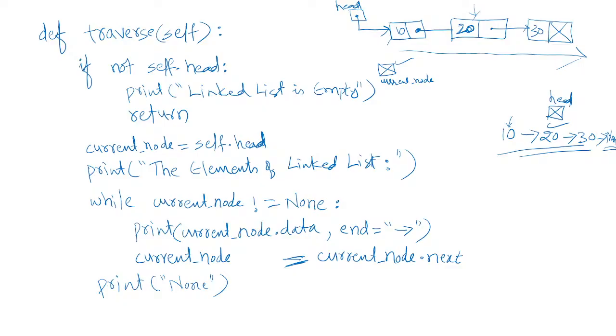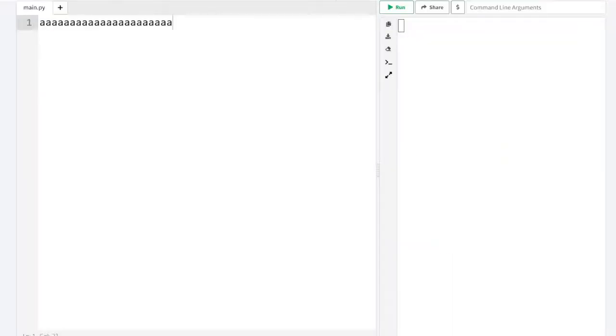So shall we execute this code? Shall we execute this code? Now let me open the online compiler. I'll open the online compiler. Then I'll execute this code. Yes, this is the compiler.